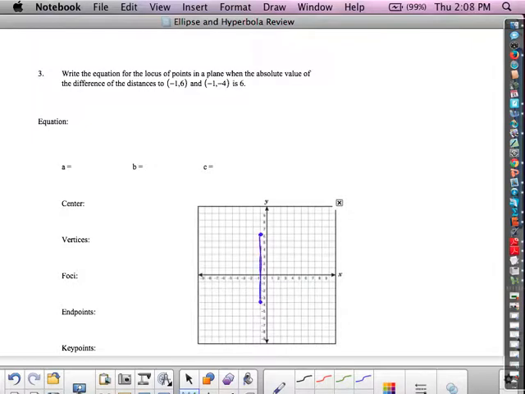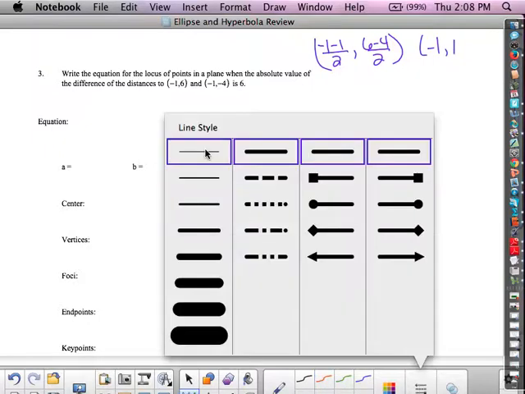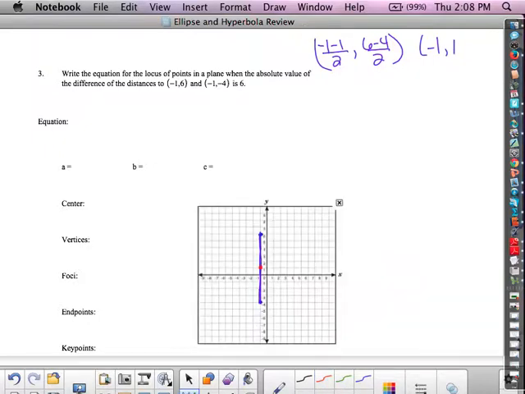Okay, the midpoint of that segment, and those two endpoints are foci. So minus 1 over 2, and 6 minus 4 over 2. So that's going to be at minus 1, 1. So the center is going to be here at minus 1, 1.